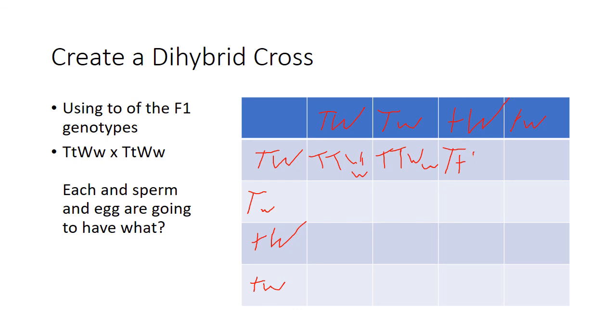So bring your T's down, bring your W's down, and across. And we'll draw this in class when you guys come back. So here we have another big T, little t, and a big W, and a little w. And you just go through it, going a step at a time on all of them.